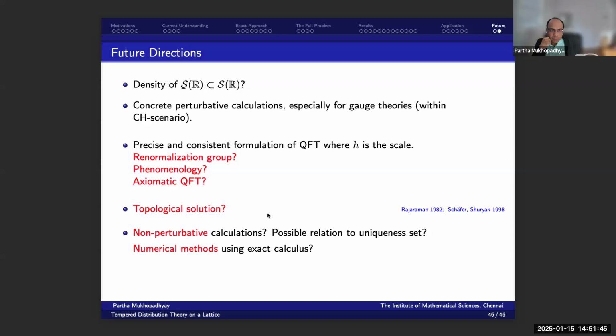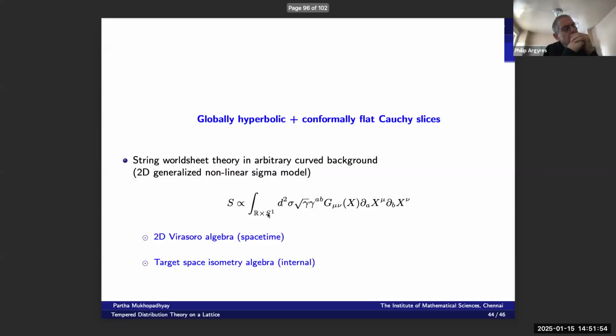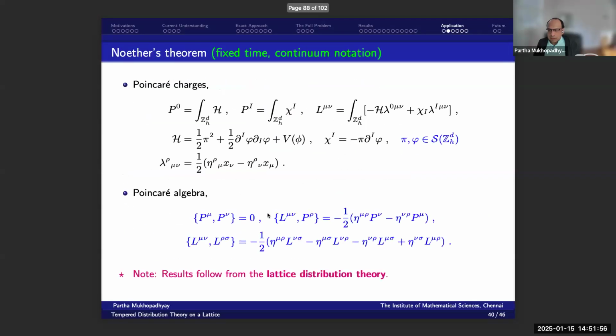Yeah. There's an infinitesimal translation and Lorentz invariance. Full Poincare invariance. Right. Yeah, the algebra I showed. Yeah, this is the algebra. You can construct the charges explicitly. This is a lattice integral. These are all lattice derivatives.